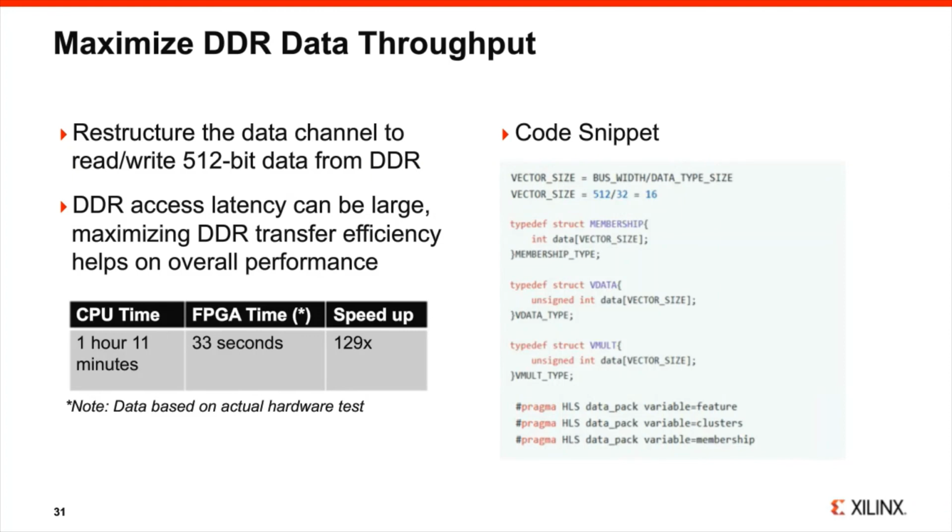Please remind that host code also needs to be restructured to provide 15 data in parallel. With these changes, the FPGA execution time is down to 33 seconds. From this stage on, we will measure the performance by running the design on actual hardware. This will be more accurate comparing to the HLS estimation numbers.